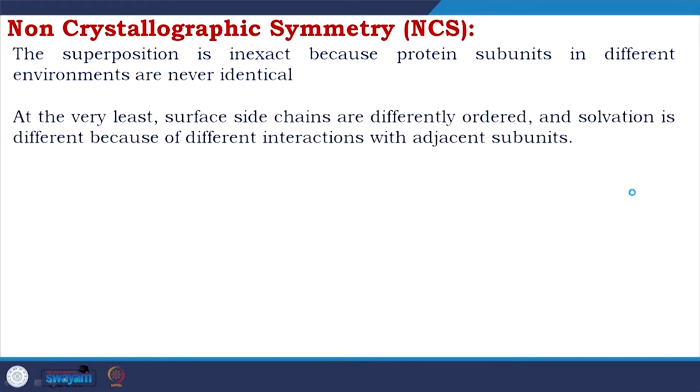At the very least, surface side chains are differently ordered and solvation is different because of different interaction with adjacent subunits. So, what they are saying is, suppose it is a dimer, but when it is existing as a dimer, the interaction here and there could be different. The movement of the flexible side chains is obviously different.